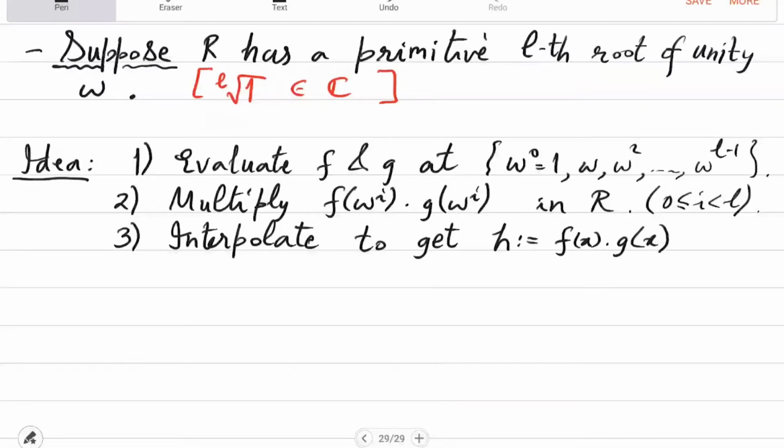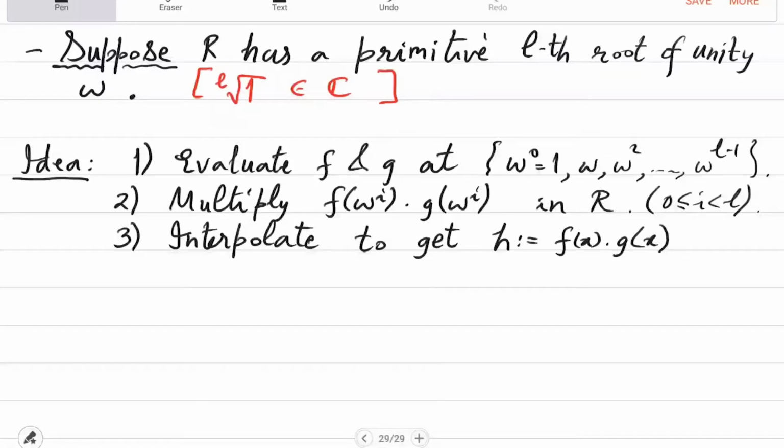So it seems that we have not made any progress. We have just added a lot of keywords, but no progress whatsoever, because just to evaluate f at omega to the i in step 1, it takes L steps because there are L monomials to be computed and then added.